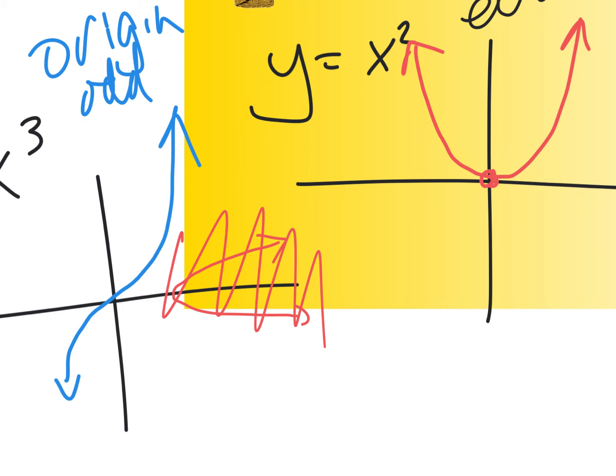Okay. So if I give you a function and I show you a picture, you should be able to say, does that have even symmetry? No. Does that have odd symmetry? Yes, it's the same as origin symmetry. So yes, it has odd. It's an odd function, and it has origin symmetry. Okay.